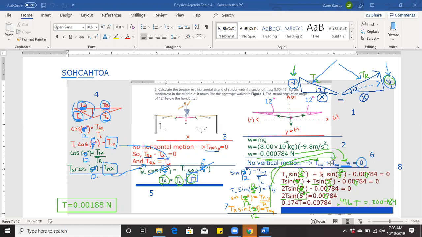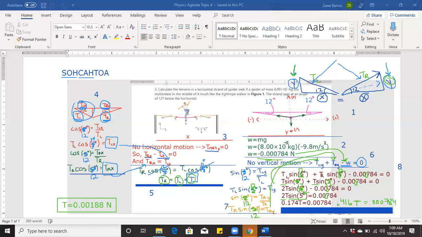So I said that through the 3 vertical forces, the 2 components and his weight would add to 0 because there's no movement going on in the vertical direction. Then I did the same thing with the trigonometry. I resolved those 2 rope forces into their vertical components using the sine function. Okay, and then I came to the same conclusion, really.